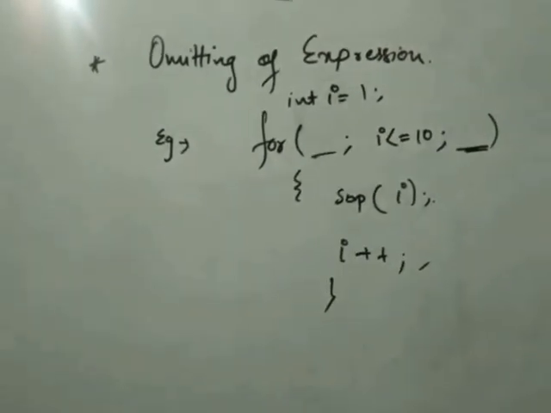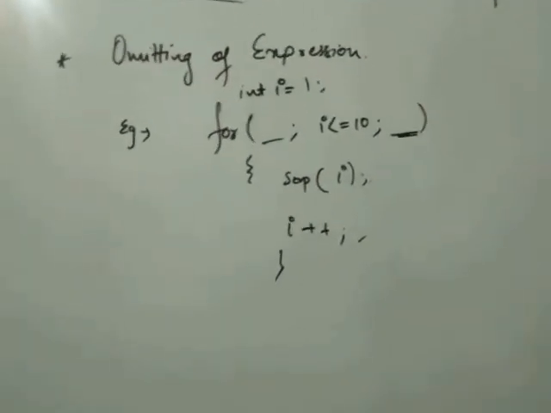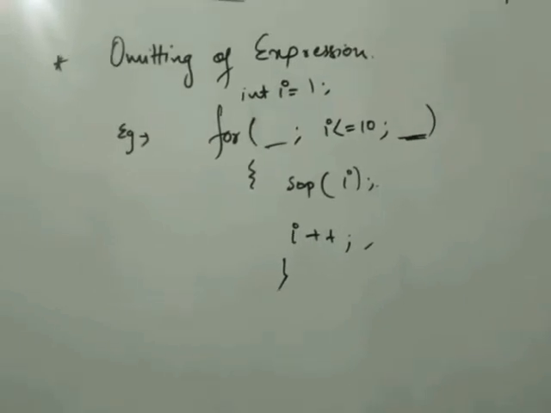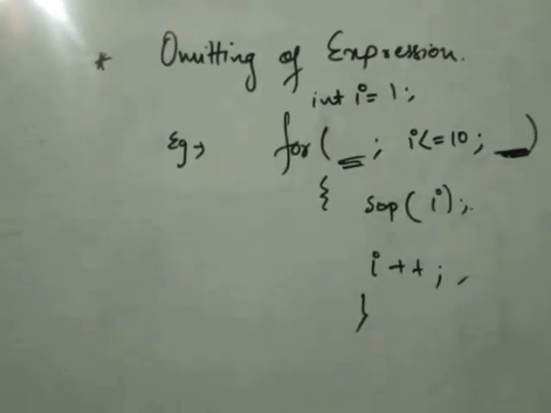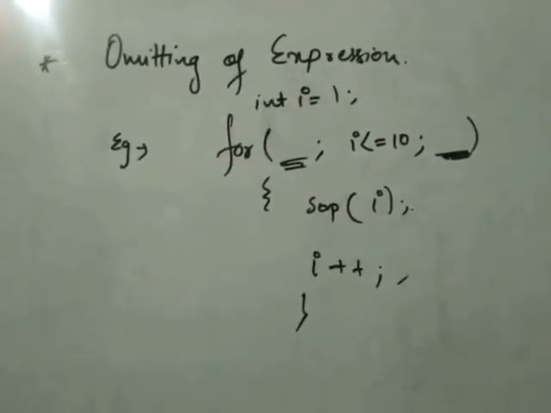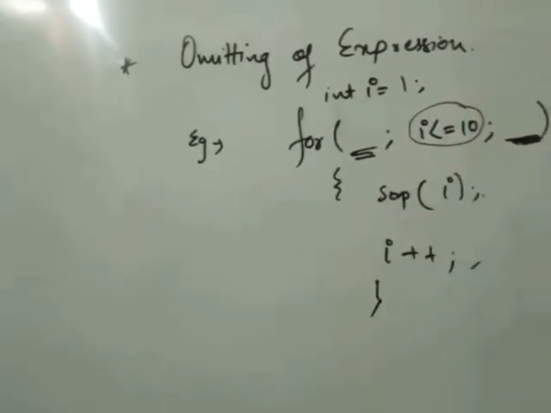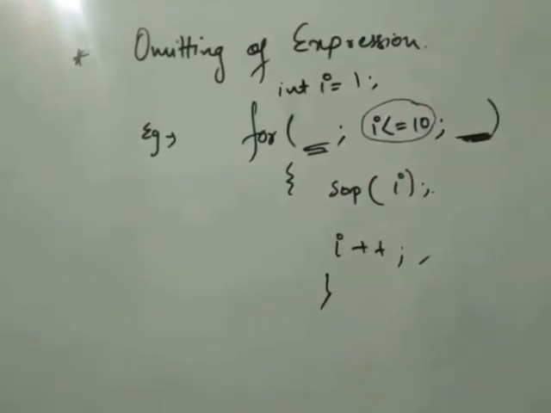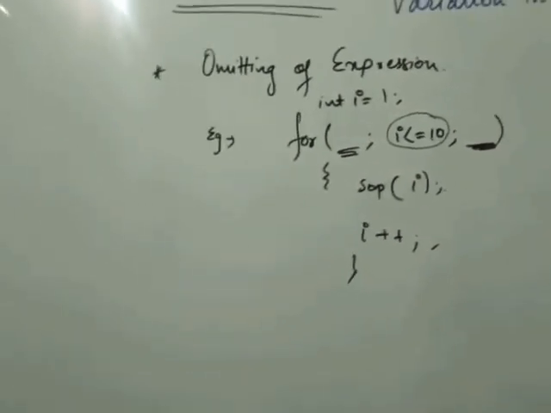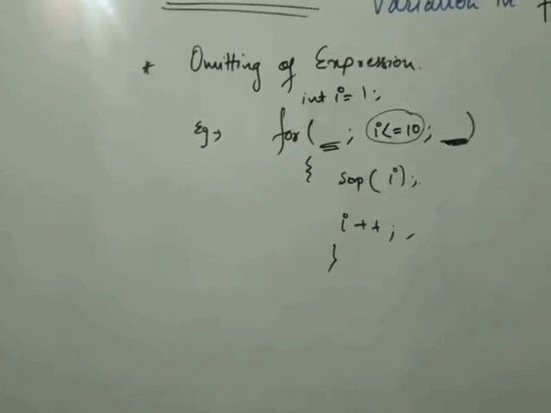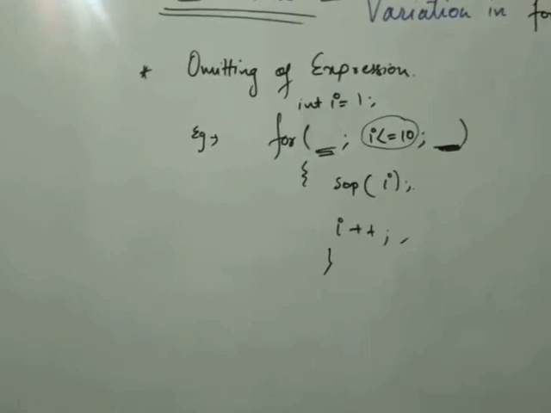We can omit the initialization step and the increment decrement step, but the condition cannot be omitted. Remember this. Clear? So this is omitting of expressions, one variation in a for loop.